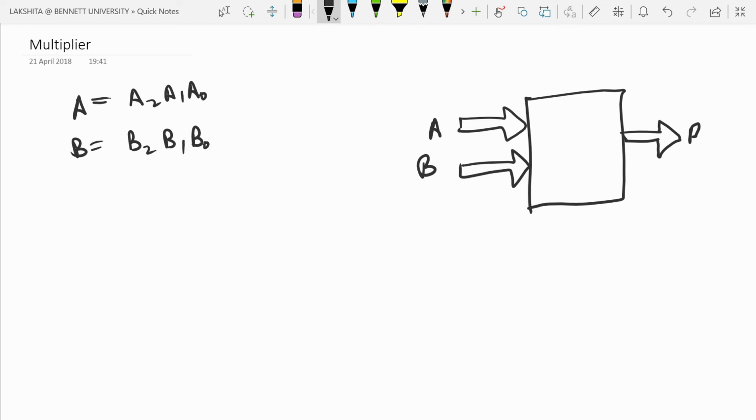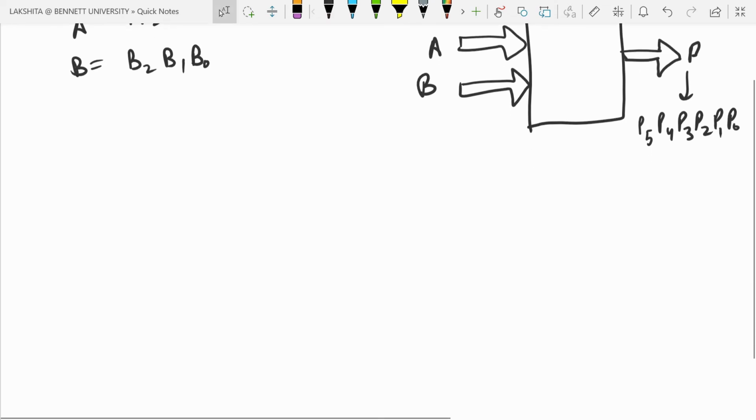When you multiply two 3-bit numbers, the maximum possible output is a 6-bit number. So let us take P as P5, P4, P3, P2, P1 and P0.